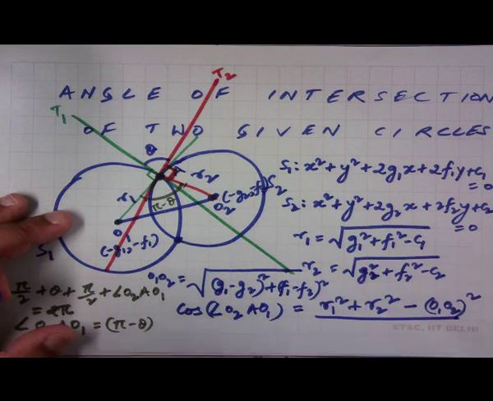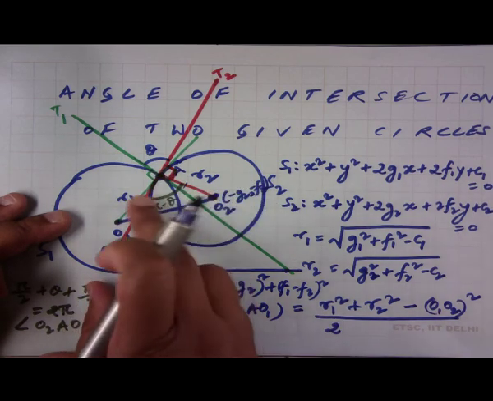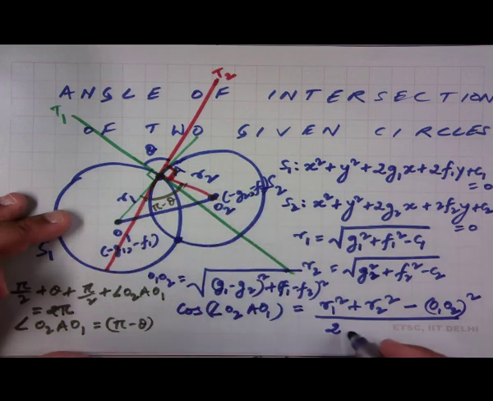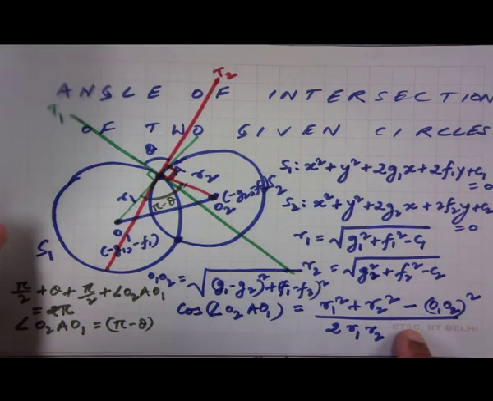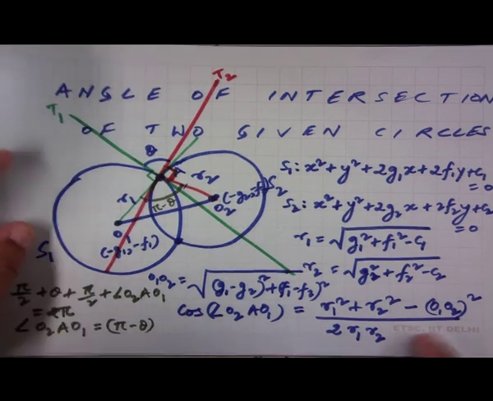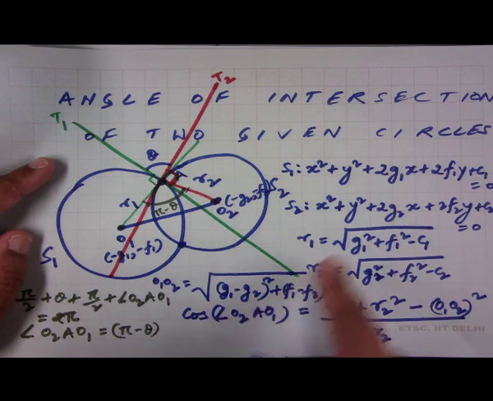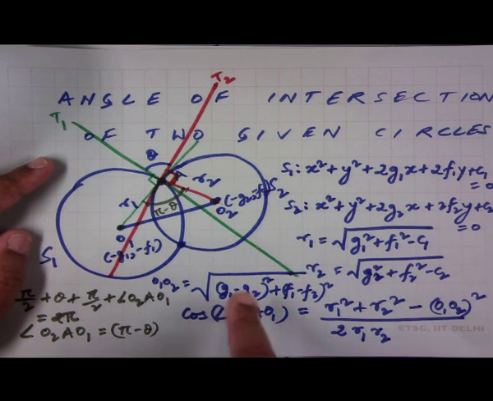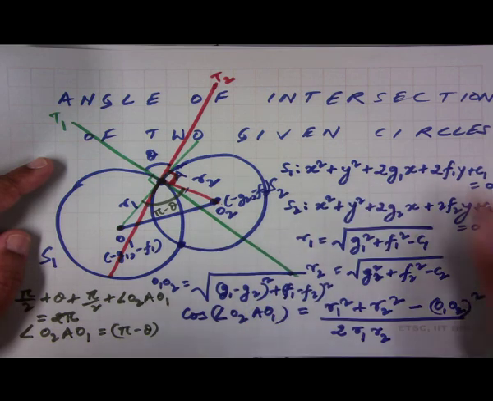divided by 2 times the product of the length of the sides adjacent to this angle. So, divided by 2 times R1 R2. Now from here, taking it further, we already have expressions for R1, R2 and O1O2 in terms of G1, G2, F1, F2 and C1, C2, since the equation of the two circles is given to us.